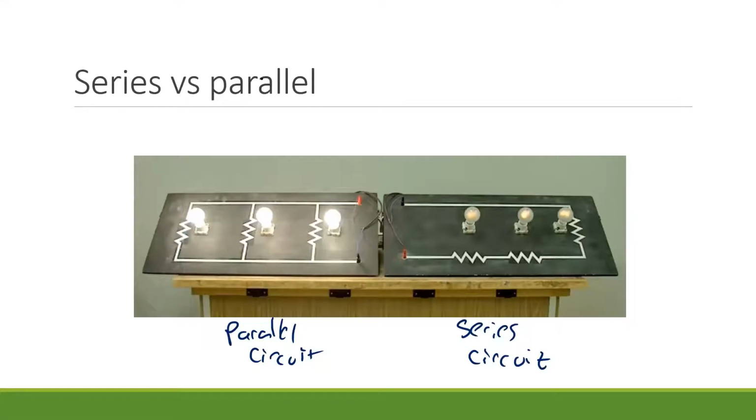Now, looking at this picture, what is visibly different about the two circuits aside from the paths? The left side has 3 lit up, and the right side doesn't. The right side has shared electricity, so it's weaker. So the left side is bright, the right side is dim.